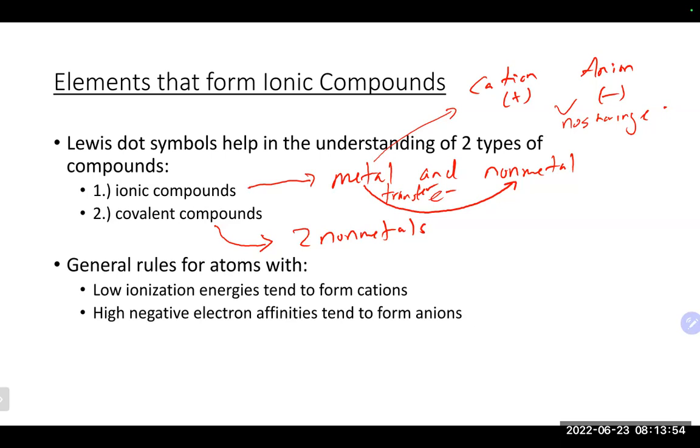So when we get a covalent bond or a covalent compound, that's with 2 nonmetals that end up with the sharing of electrons. Now, the sharing of electrons, as we'll talk about, may be equal. Sometimes they participate in sharing those electrons equally between the 2 atoms, or it may be unequal.